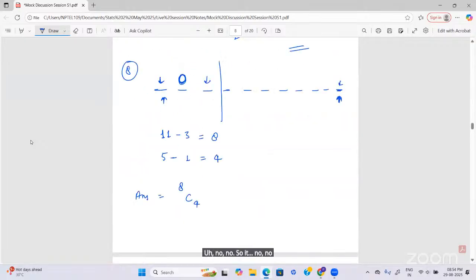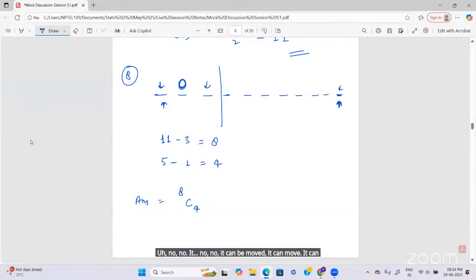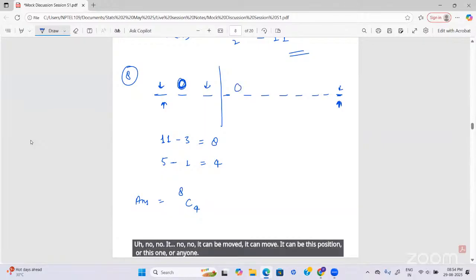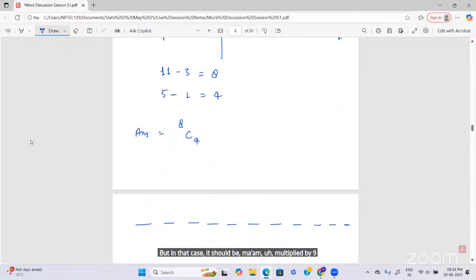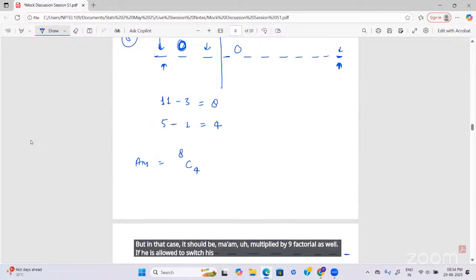So we are considering John's car as a fixed point. We are not switching it here. No, it can be moved. It can be this position or this one or any one, except the endpoints. But in that case, ma'am, it should be multiplied by 9 factorial as well, if he is allowed to switch his position.